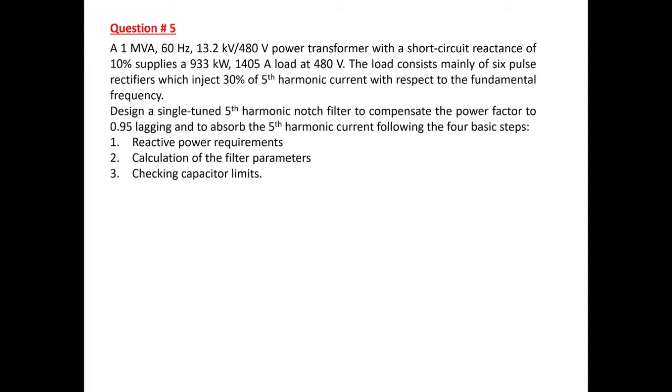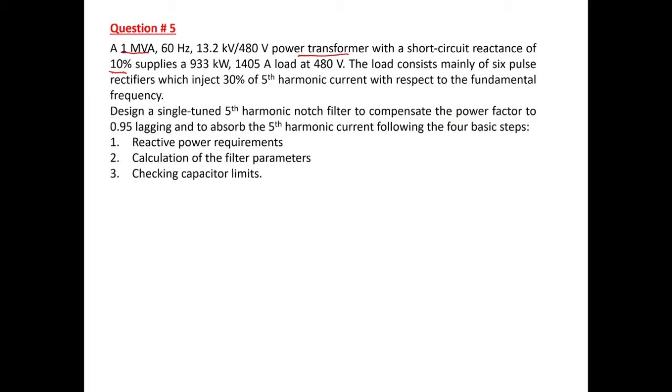Now we're going to move to question number 5, and say that we have a 1 megavolt ampere, 60 hertz, 13.2 kilovolts over 480 power transformer. So this is the size of the transformer, with a short circuit reactance of 10%.